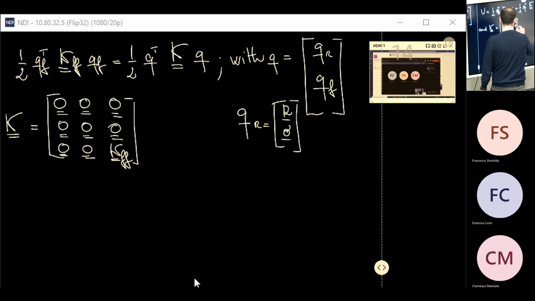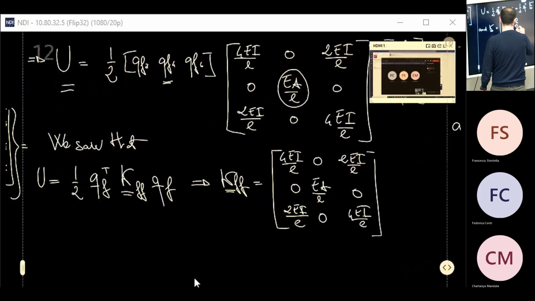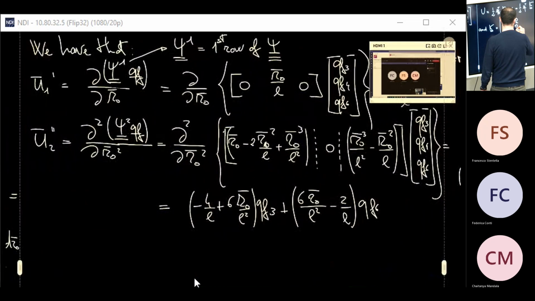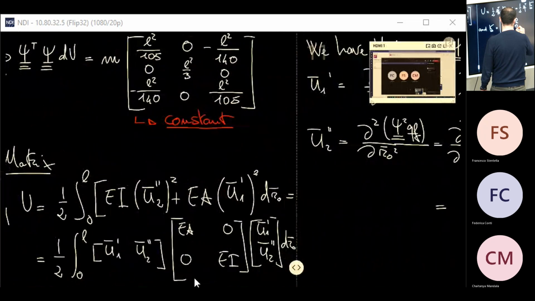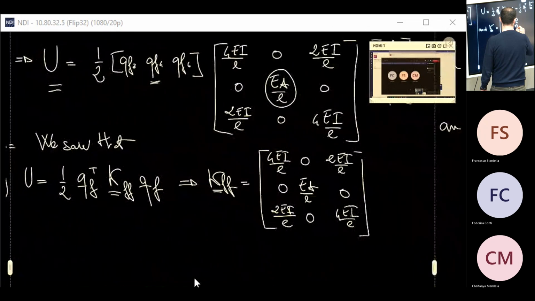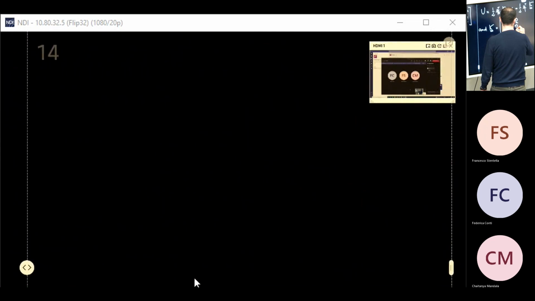I think we were up to 3, so now we are at 4.